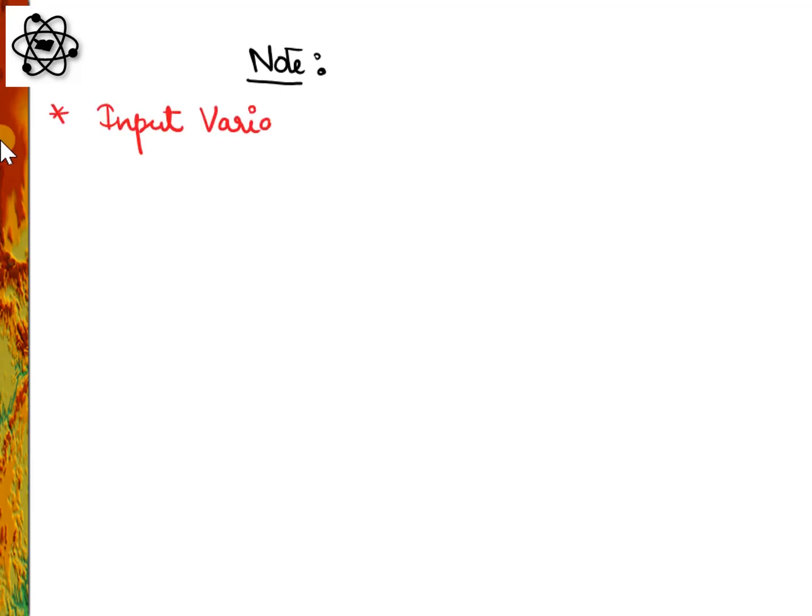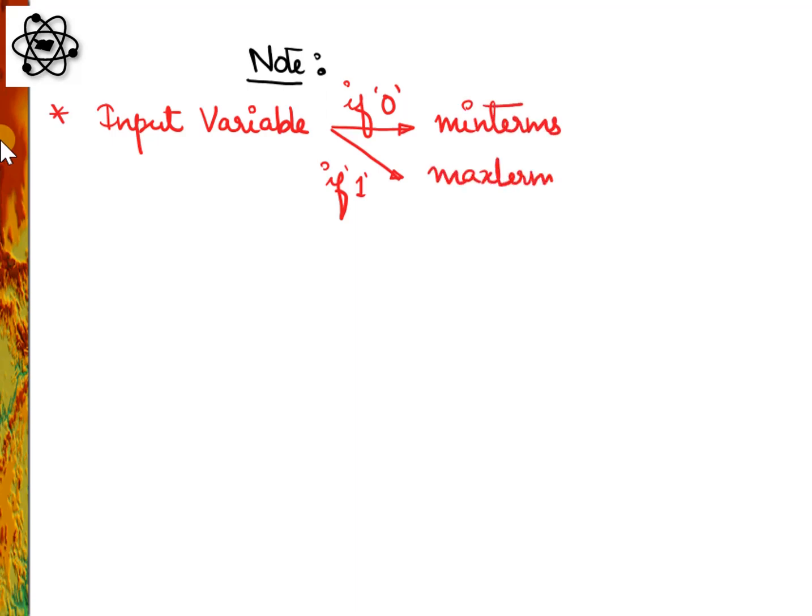Now, while we denote the minterms and the max terms, there are certain guidelines to be followed. When we represent the input variable, if it is a binary 0, it has to be complemented when representing minterms, and if it is a binary 1, then it should be complemented when we are referring to max terms.